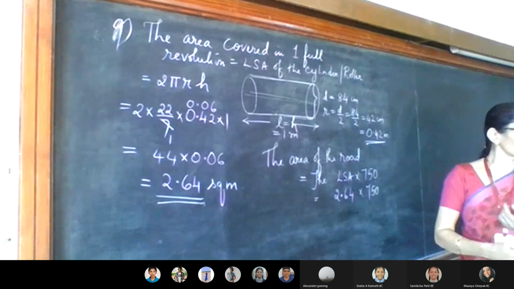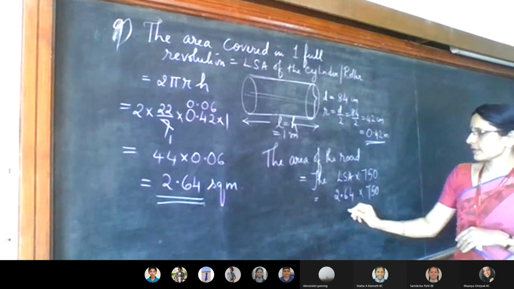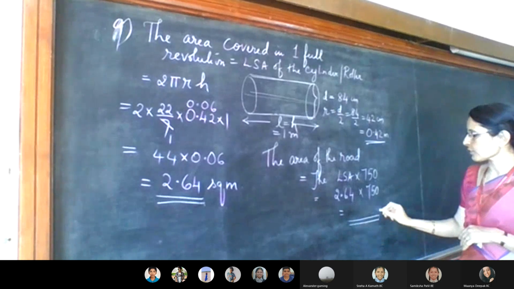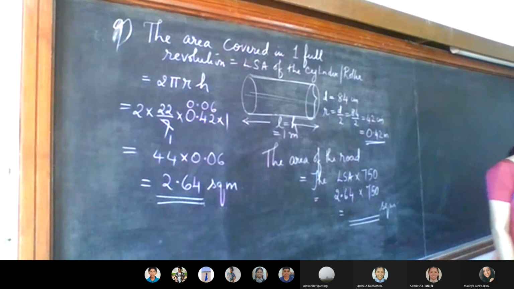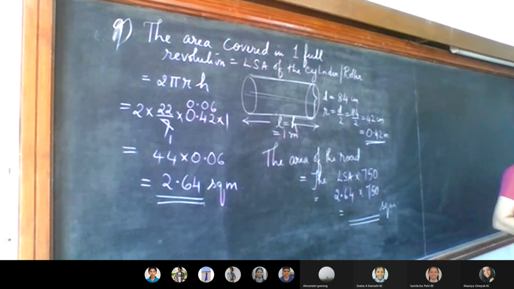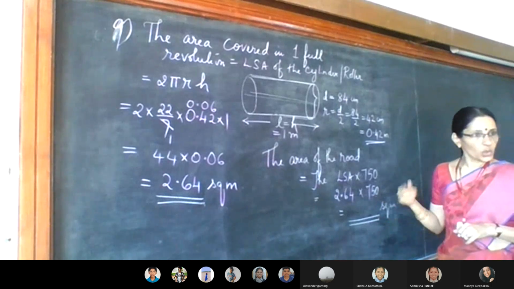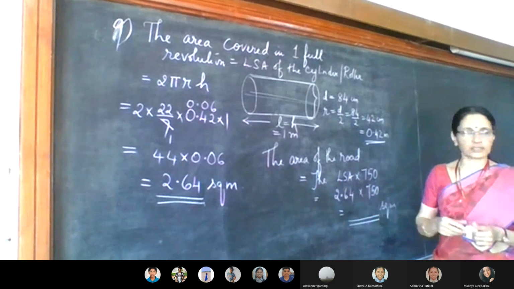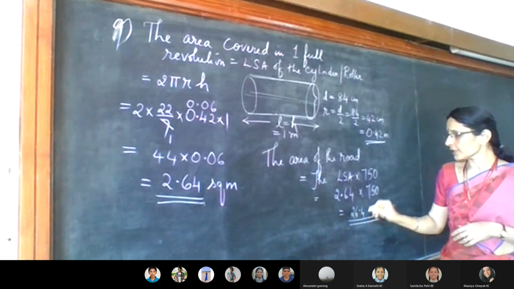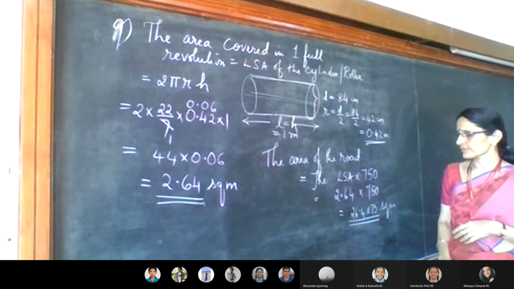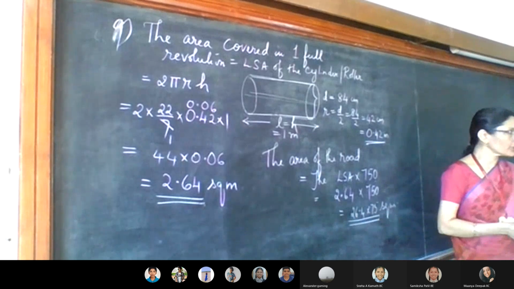Because it completes 750 revolutions to level the road once. So now find out how many square meters. This 0 goes off and the point comes here. It is 26.4 into 75. Correct?